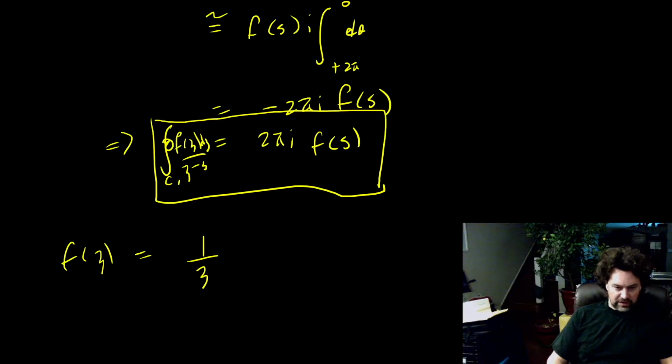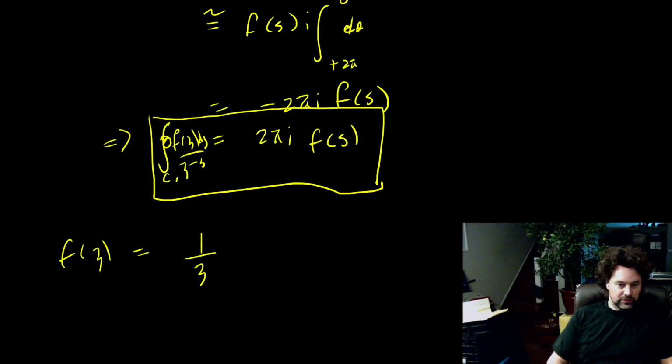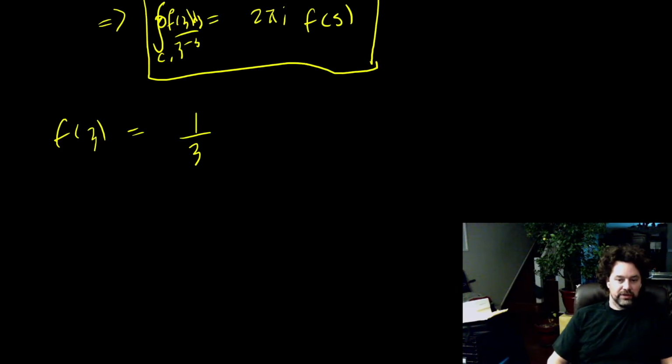So the next thing we want to understand how to deal with is, what about a function like our convolution kernel that has multiple points of non-analyticity? Our convolution kernel had 2 such points.